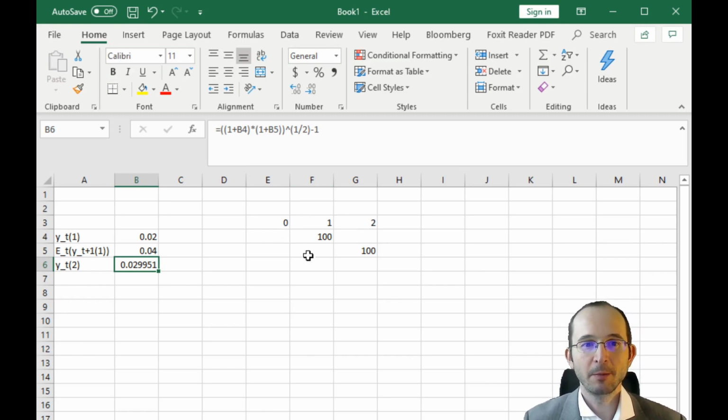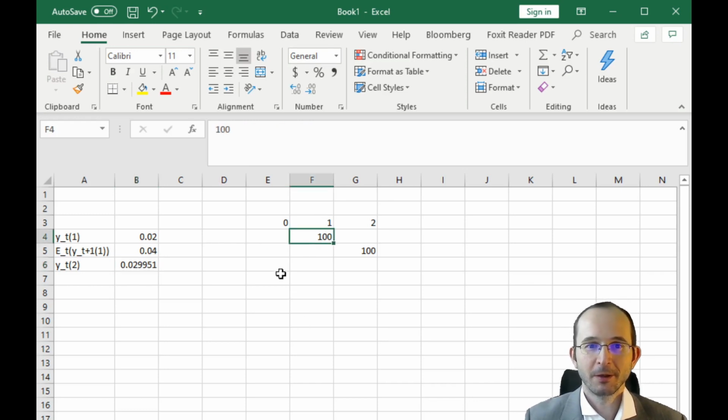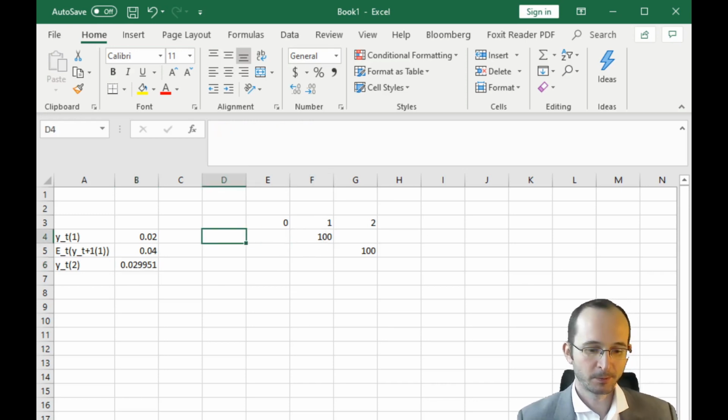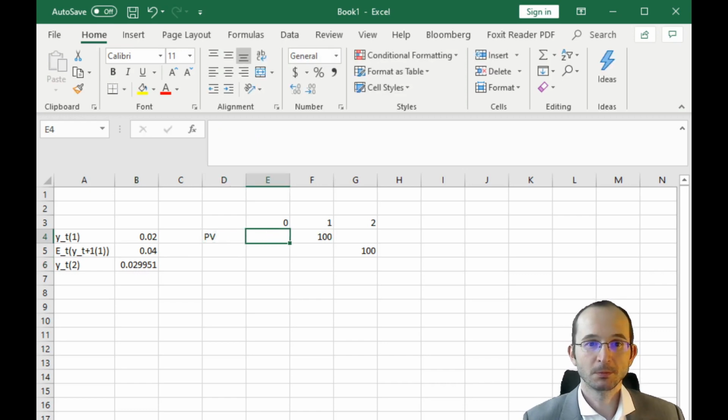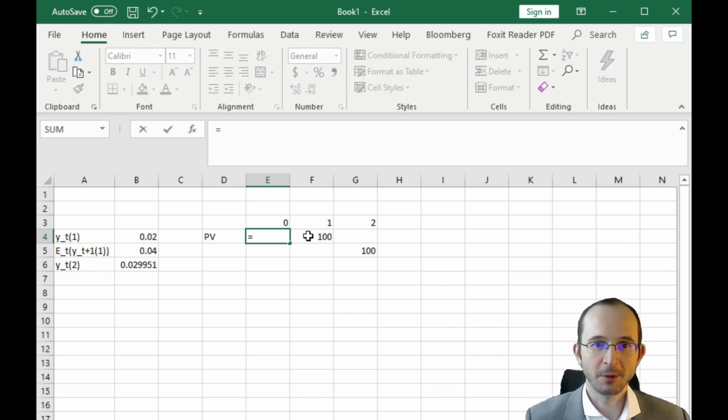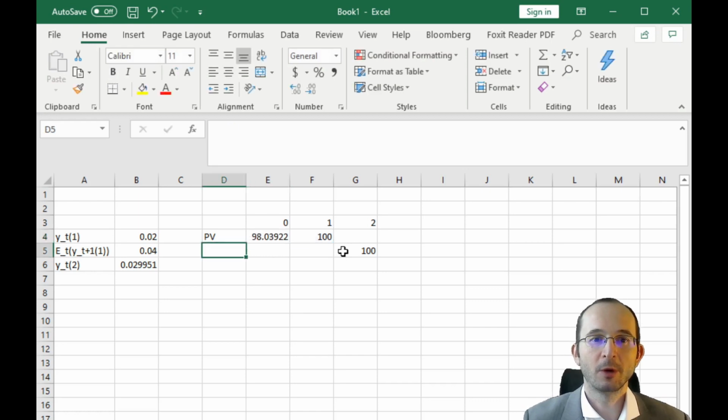Well, if we buy a 1-year bond right now, what is its present value? Well, remember, the yield to maturity is 2%, so the present value is simply 100 over 1.02, or 98.03.